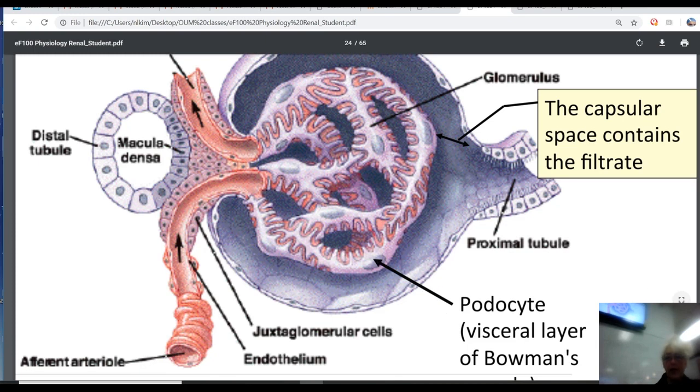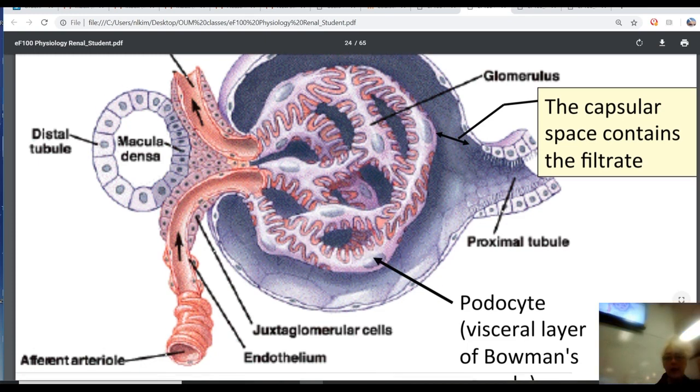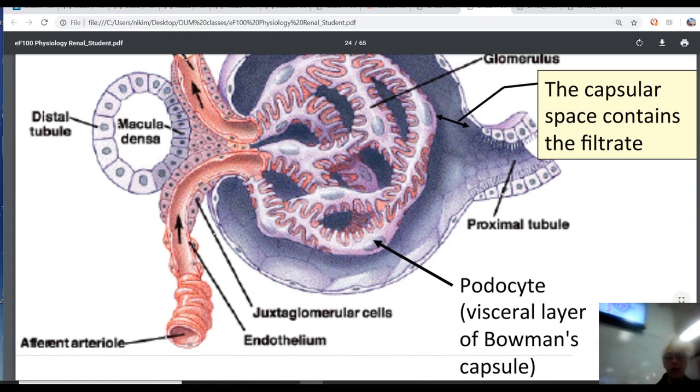Now the podocytes, those little walking guys, are inside the visceral layer of Bowman's capsule, and it's basically on the glomerulus itself. The visceral layer would be that particular layer that's almost like mesentery that adheres to the actual structures. A visceral layer usually contains fluid as well.